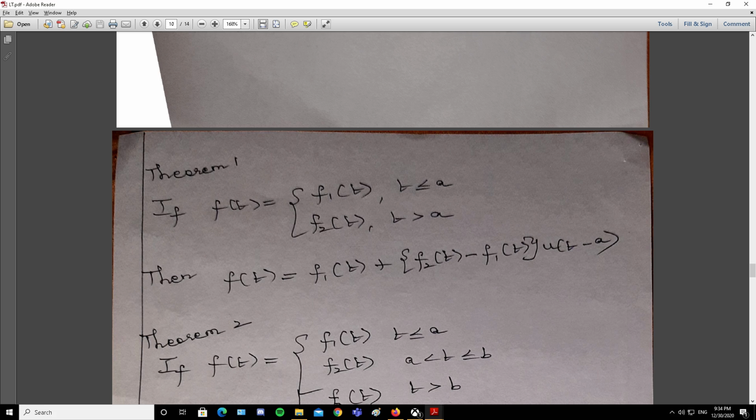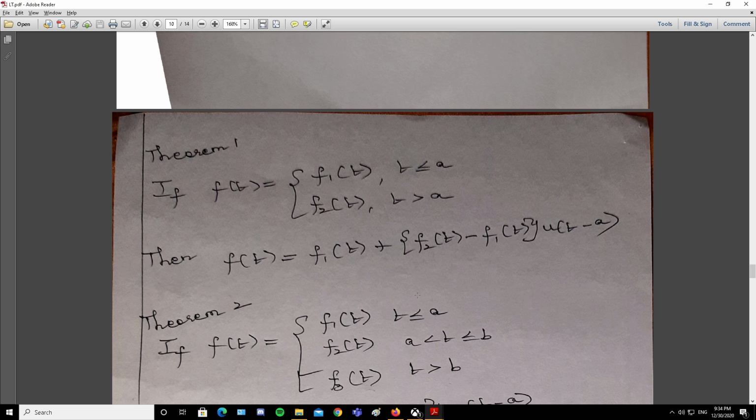So I repeat, when you have f of t expressed in two subintervals f1, f2, then f of t can be written as f1 plus f2 minus f1 u of t minus a. You don't have to learn the proof for this theorem.